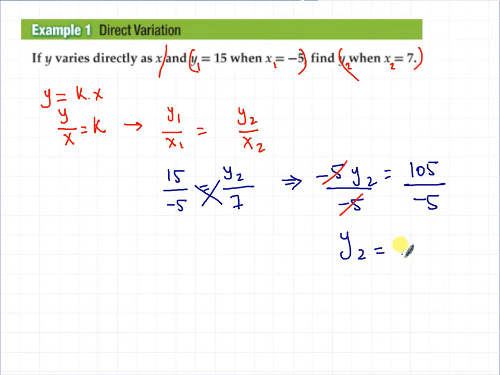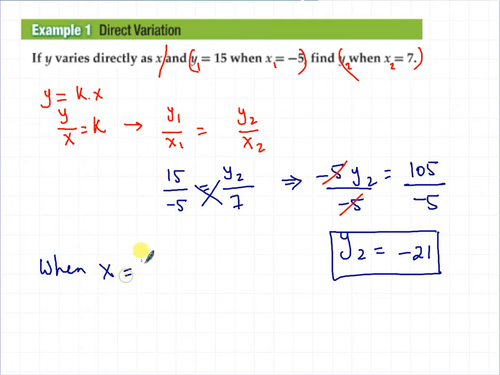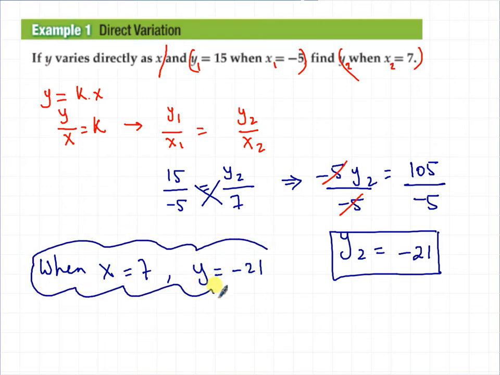This is negative 21. So this is the answer, because the question is find y2 when x equals 7. So when x equals 7, y is equal to minus 21. And this is my answer.